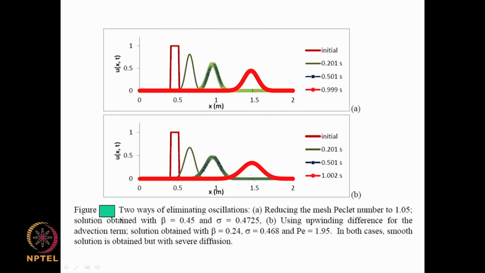So, here we have two ways of eliminating these oscillations. One is reducing the mesh Peclet number in such a way that it is much less than the 2 by sigma value.